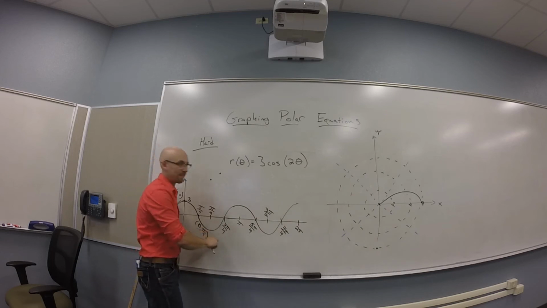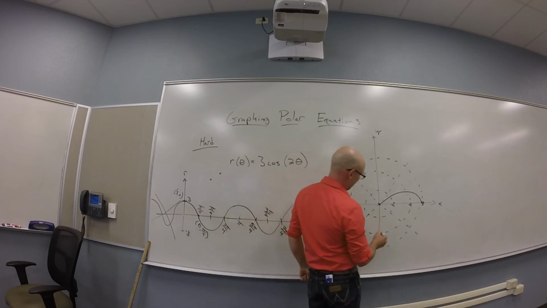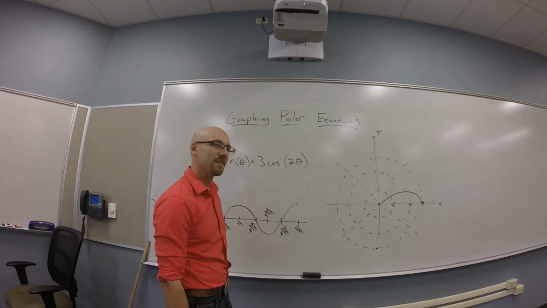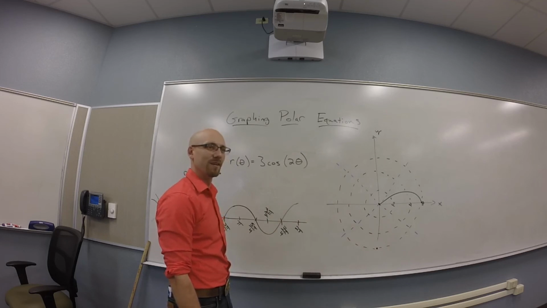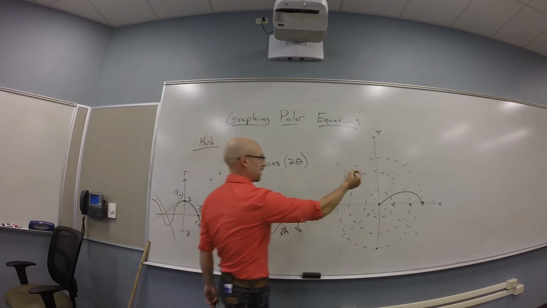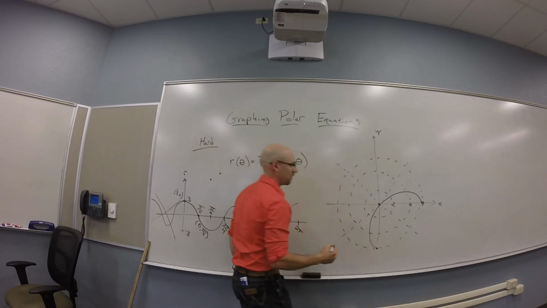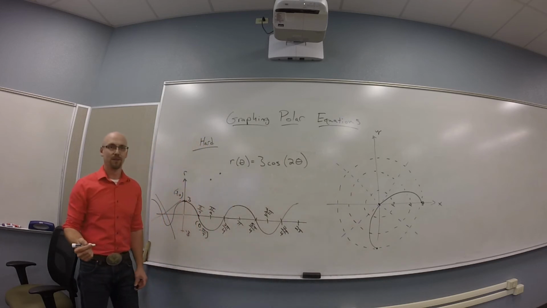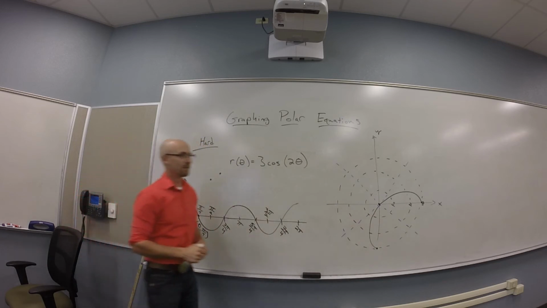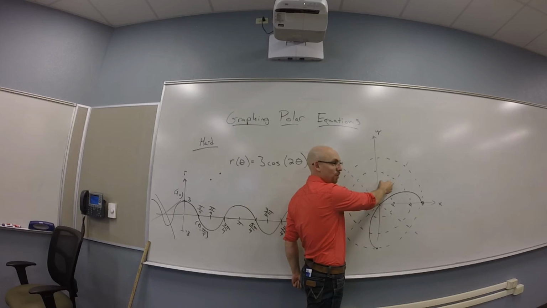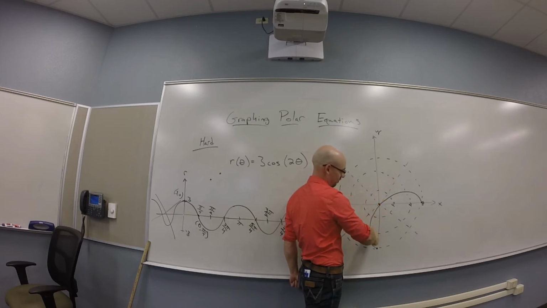So where does that live, guys? It's in the third quadrant, right here. You guys all see that? Because it's happening in this octant, but it's flipped over because the radius is negative. So those are going to start here and go through this stuff.